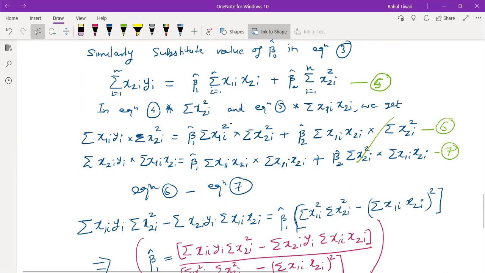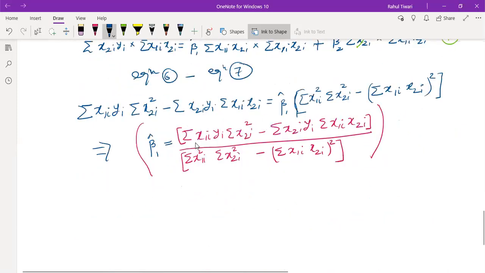So in equation number 4, again the same thing. Similarly, in equation number 4, let me start once again.